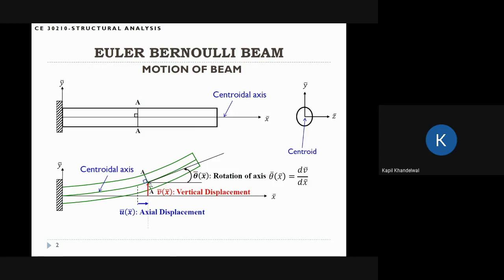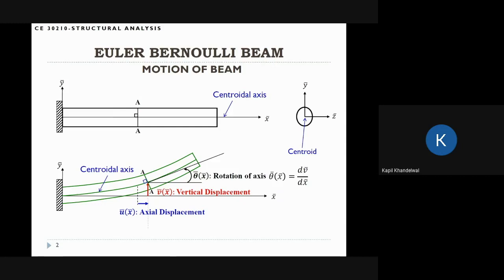If this cross section does not remain perpendicular to the beam axis after deformation, then it's not Euler-Bernoulli beam theory. Sometimes we call that kind of theory, in which the angle is not 90 degrees, Timoshenko beam theory. But we are not going to talk about Timoshenko beam theory in our class.